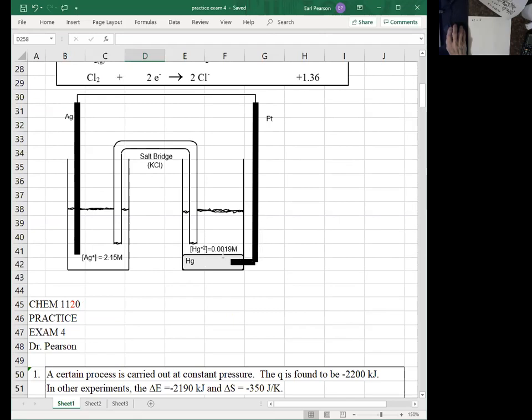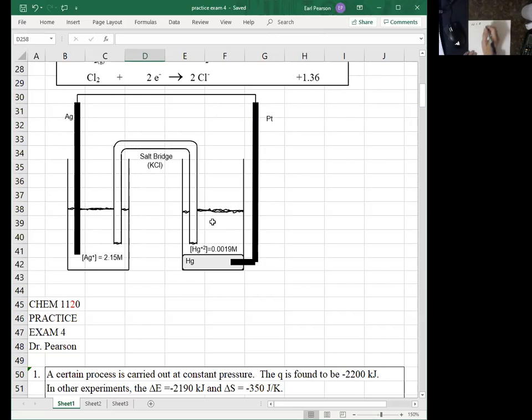The surface of the liquid metal is inside the beaker here with the mercury 2+ ion in it. So again, what we want to do is a standard reduction potential, and we calculated that a while ago.